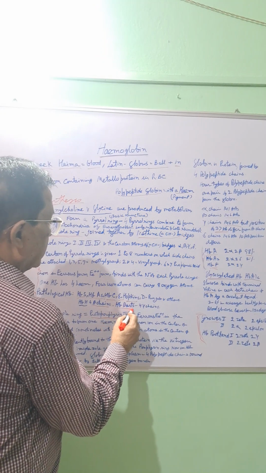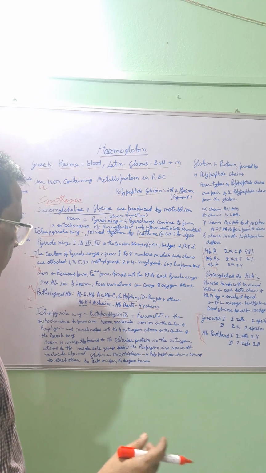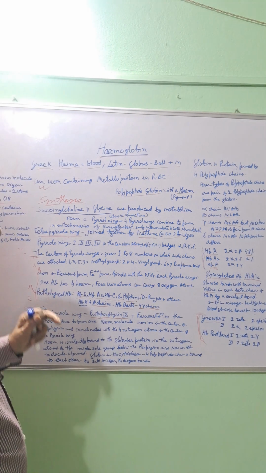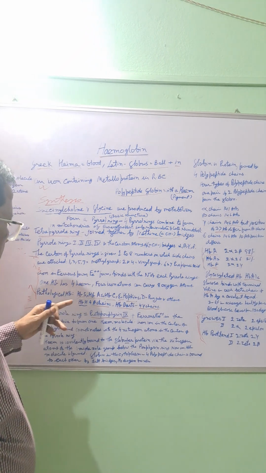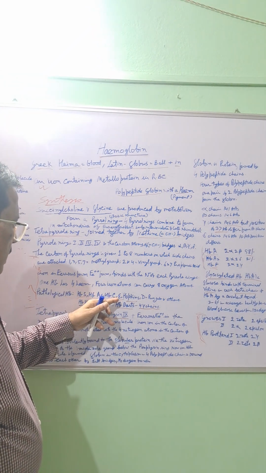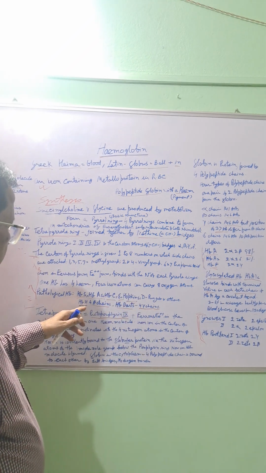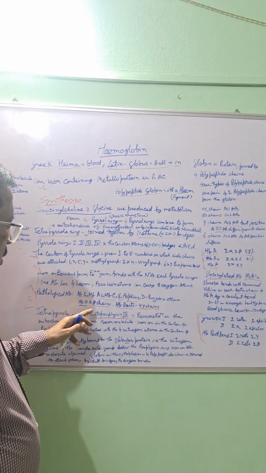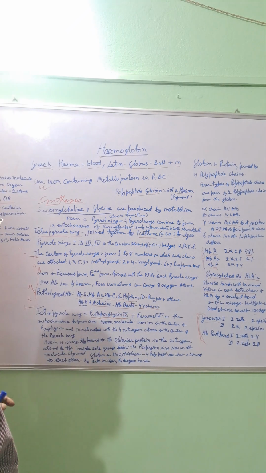Hemoglobin Barts contains 4 gamma chains, with no alpha and no beta chain.